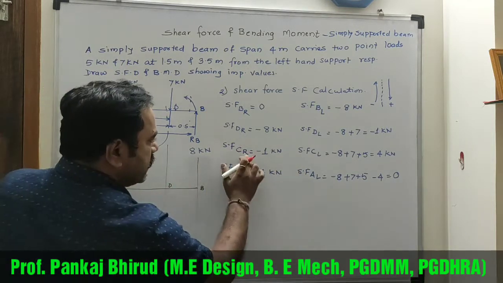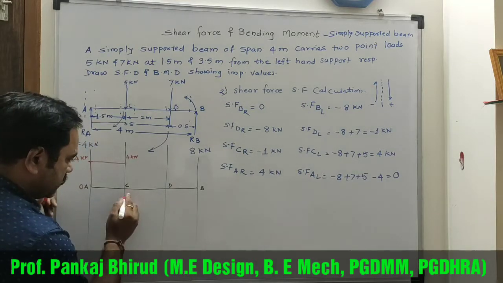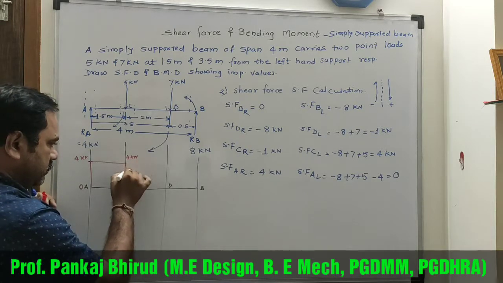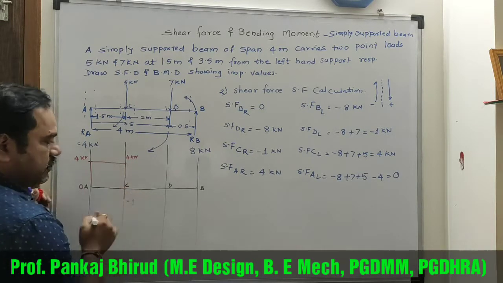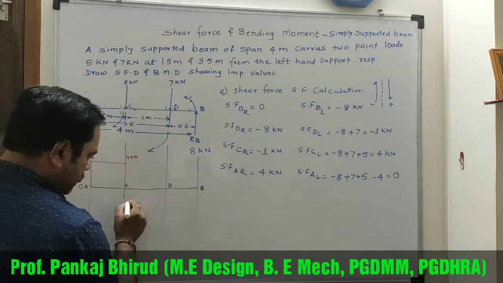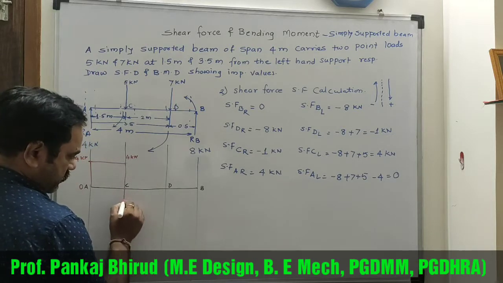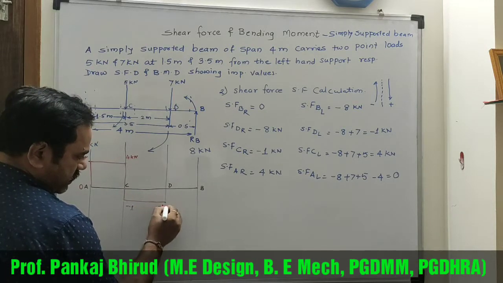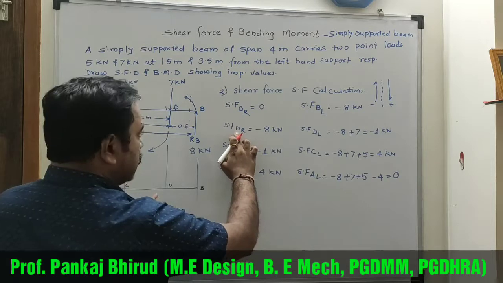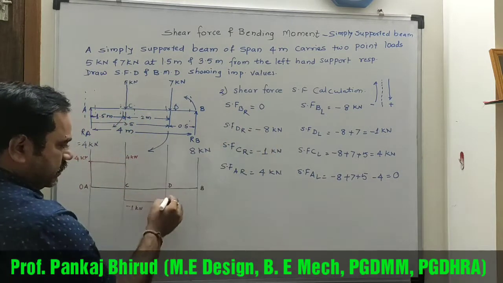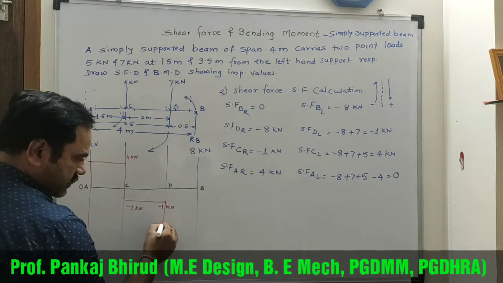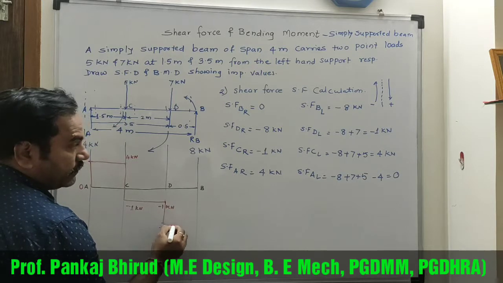Now at C left side -1. So this is -1. Then at D -1. So again a horizontal line -1 kN. Then -8, upward direction, so downward -8. So -8 kN.